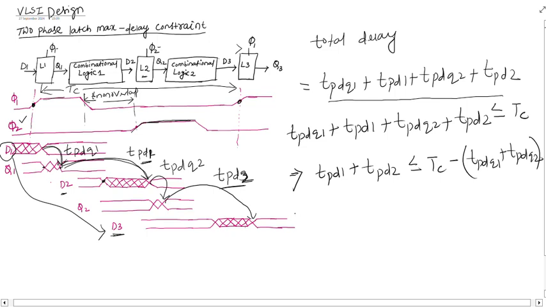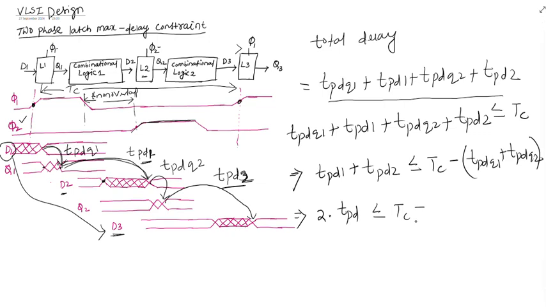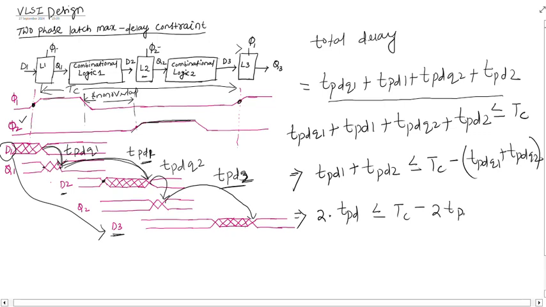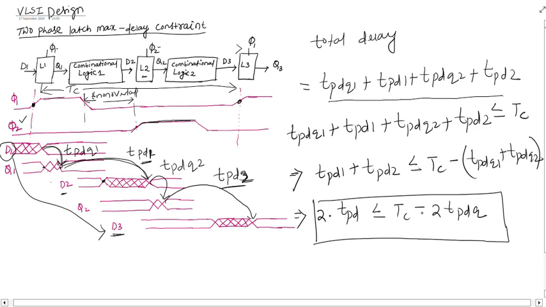Now since we will consider both combinational logic blocks to have the same propagation delay, we can write 2 TPD should be less than Tc minus, if we consider both latches to have the same propagation delay from D to Q, 2 TPDQ. Now this is the expression for the maximum delay of a combinational logic in a two-phase latch sequential circuit.